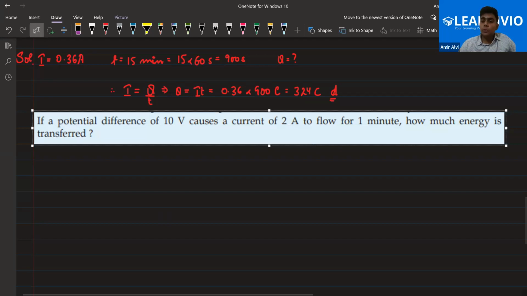V is equal to W by Q, the potential difference formula that we use. Okay, Maria.